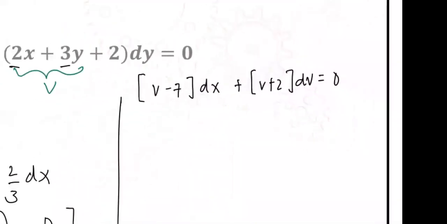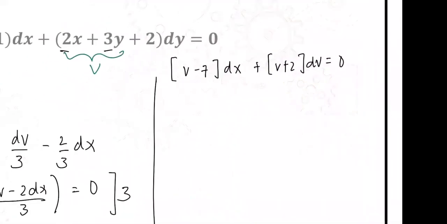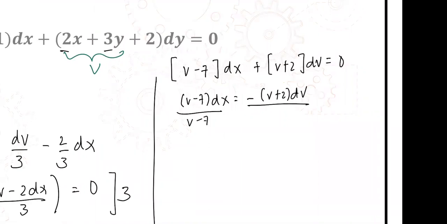Okay? Kung separable na siya, transpose natin to other side. So, we have v minus 7 dx. So, negative v plus 2 dv. So, divide natin both side by v minus 7. V minus 7. So, cancel out natin. So, dx is equal plus. Balik natin dito sa left side.